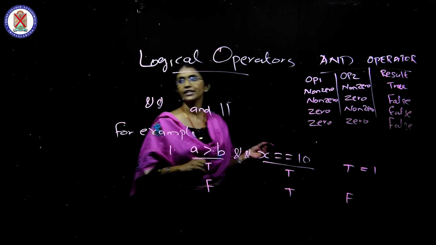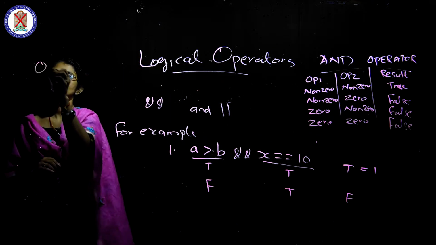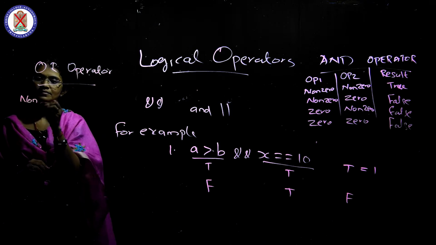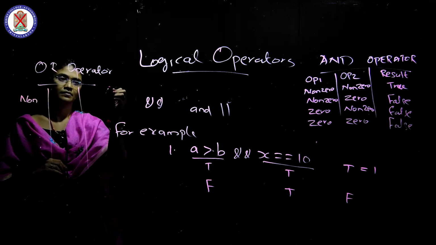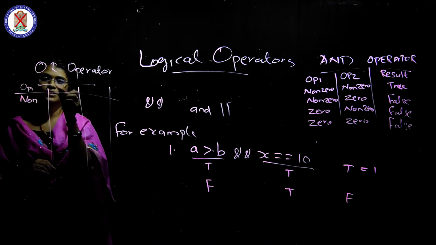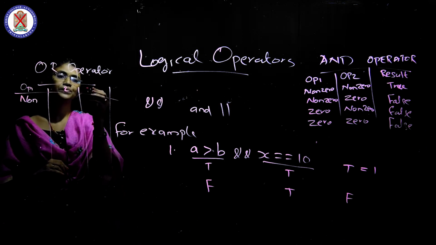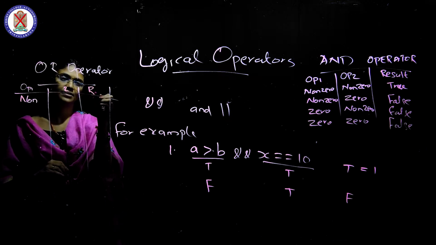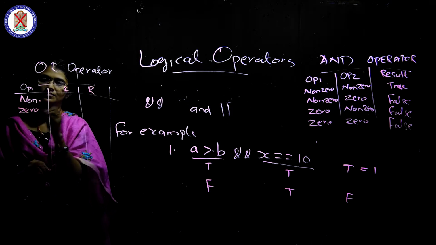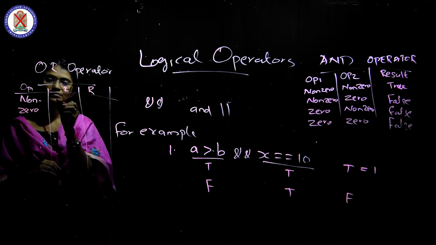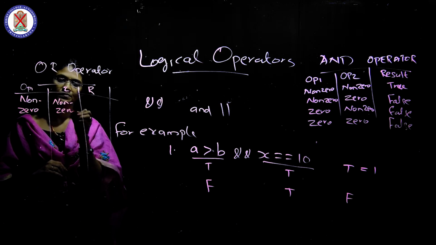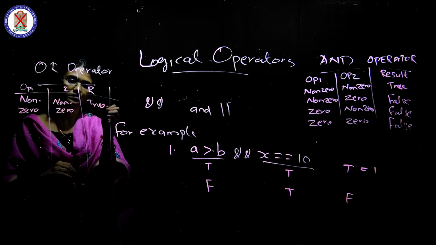Okay. Then the OR operator. Operator 1, expression 1, expression 2, then result. Non-zero, non-zero, true.